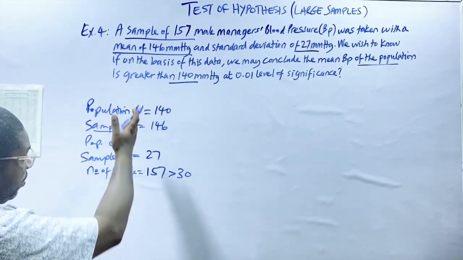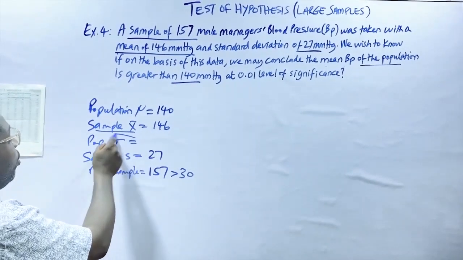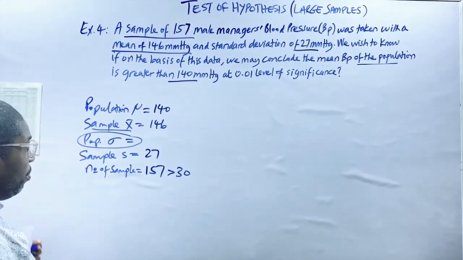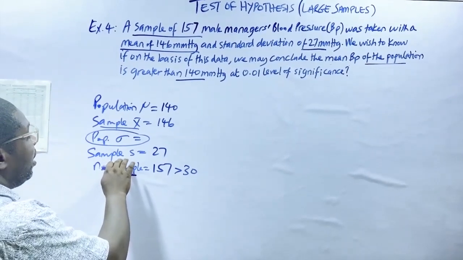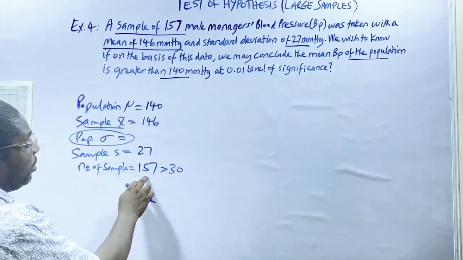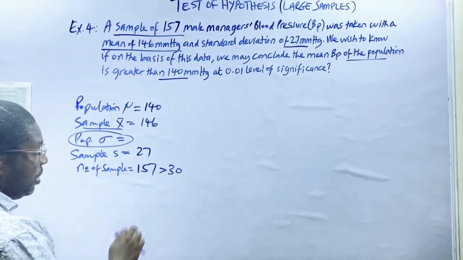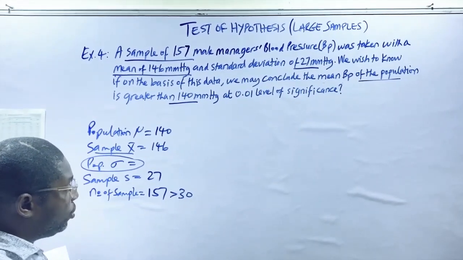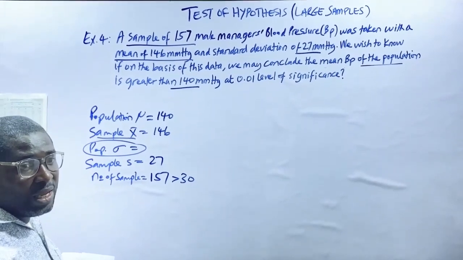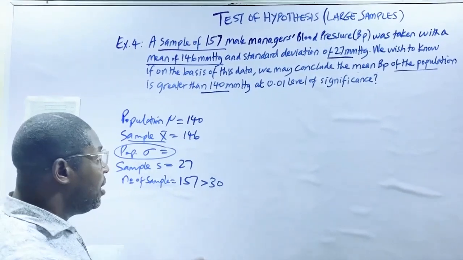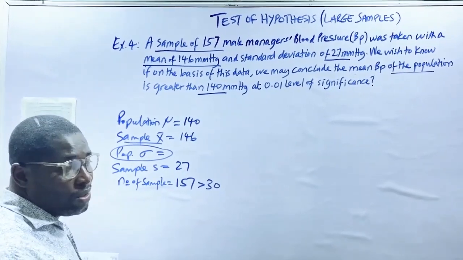There is no population standard deviation given, but we are given a sample standard deviation, and our sample is a large sample. So we are going to use our Z statistic.